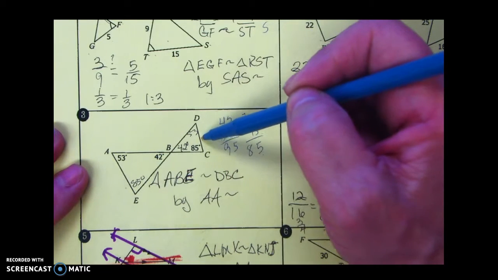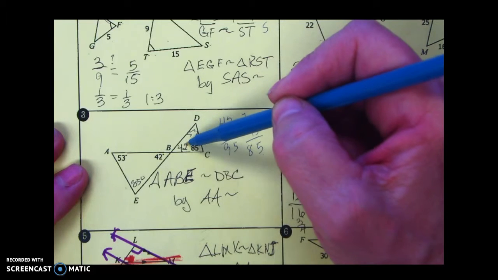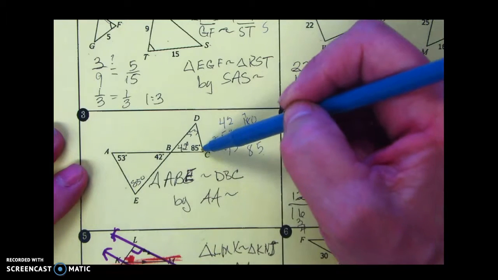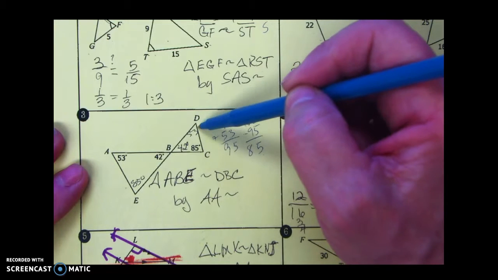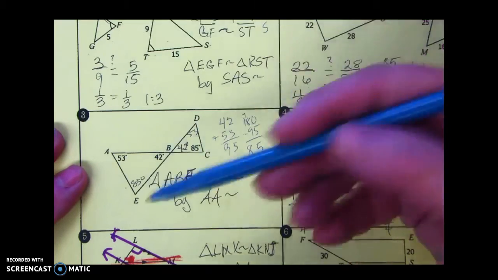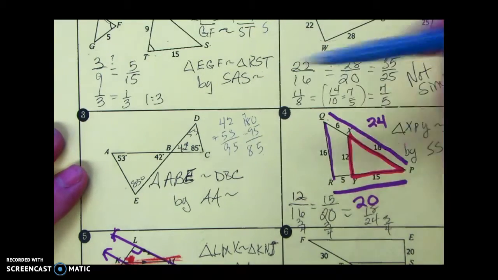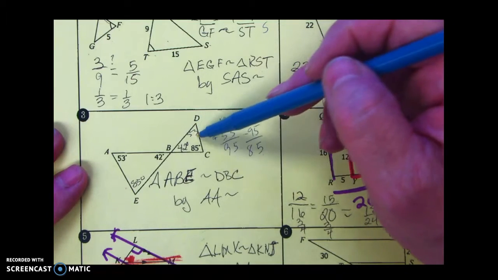Now when I look over here, I can see I have the 42, 42, the 85, the 85. There's no option. This has to be 53, because 42 and 85 add up with something to get to 180. It's got to be 53. So I don't even really need to do this one.